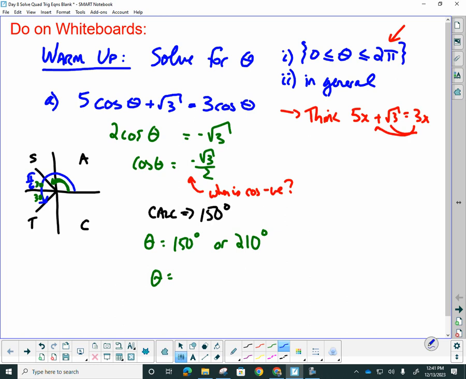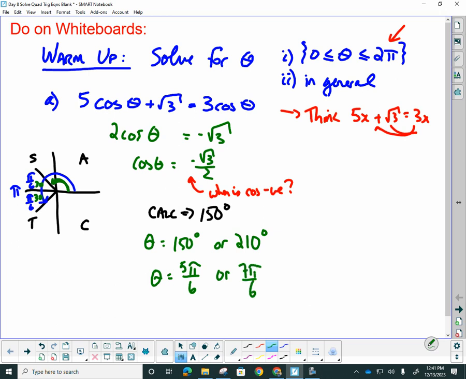And so if that's pi over 6, then the first one must be 5 pi over 6. And if it's pi over 6 past 180 or past pi, 6 pi over 6 gets us to pi. So one more is 7, and we get 7 pi over 6.